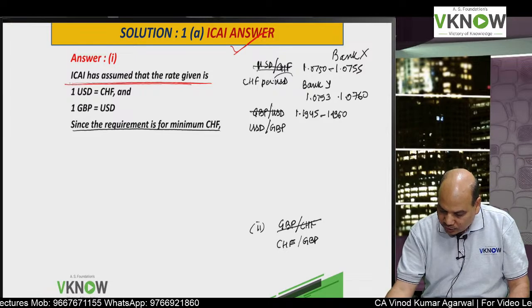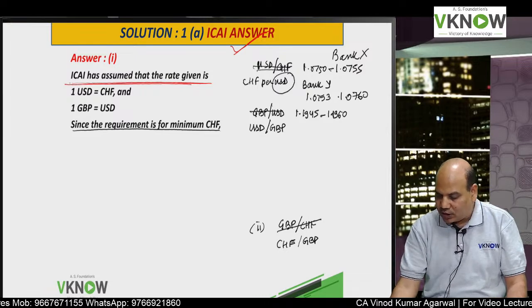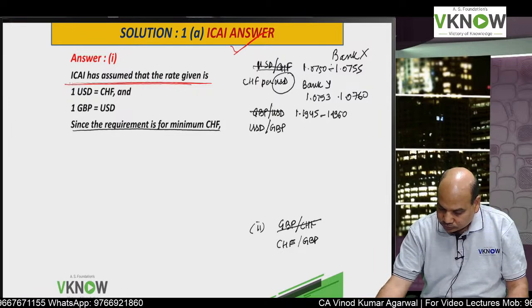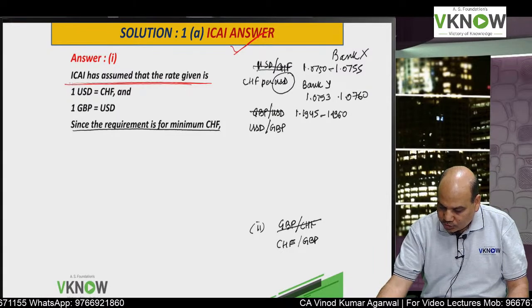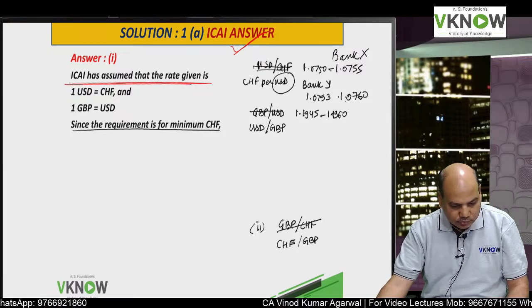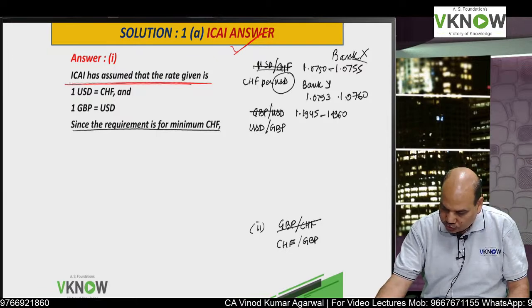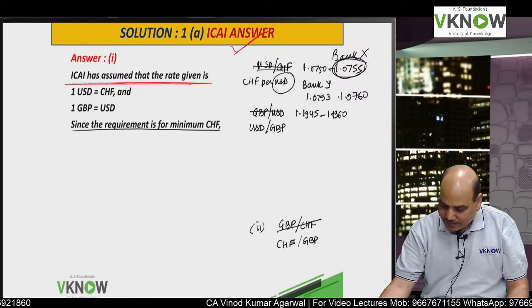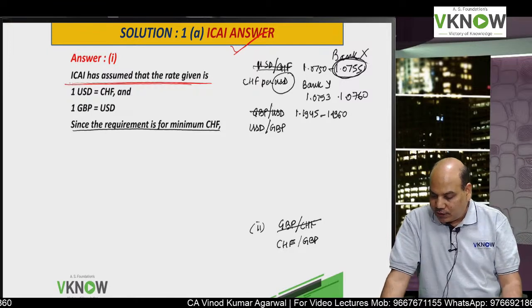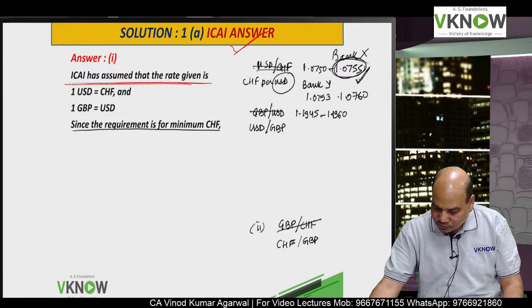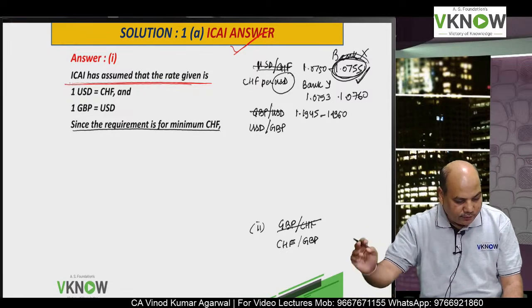So where will we get USD cheaper if these are the rates? USD is cheaper at which bank? This one. You will buy USD from bank X because you need the ask rate. This is cheaper, 1.0755, tick mark.